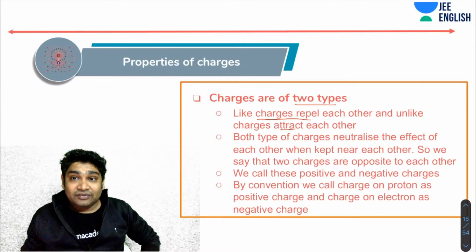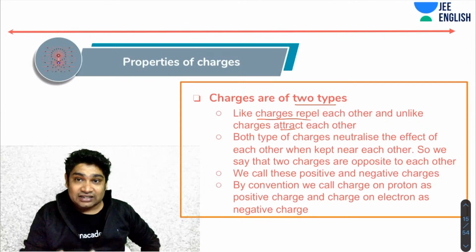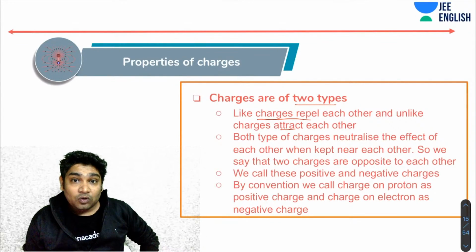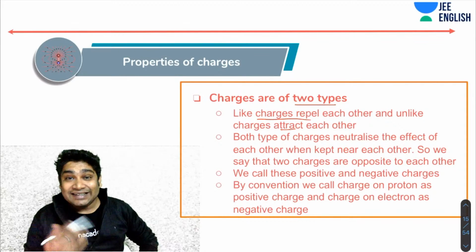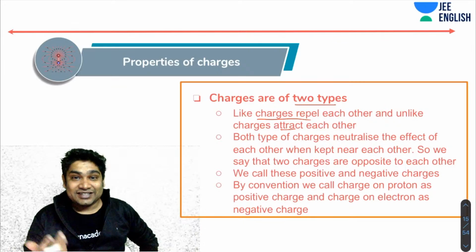And that is why they were given positive and negative signs, because positive and negative signs tend to cancel each other out. Okay. By convention, the charge on a proton was called positive and the charge on an electron was called negative. There's no special reason why an electron's charge is negative and a proton's charge is positive. It is just a matter of convention.